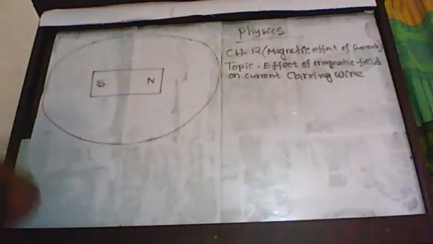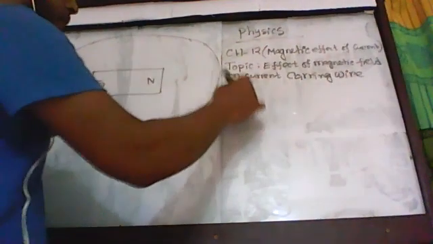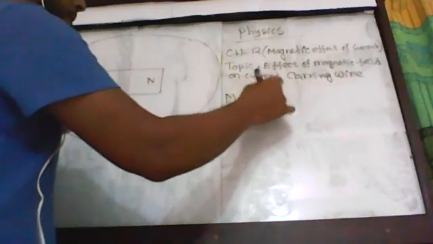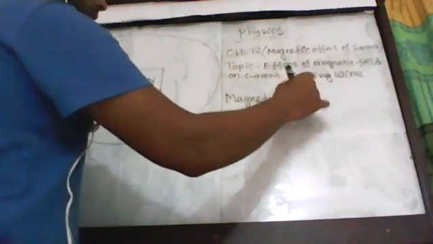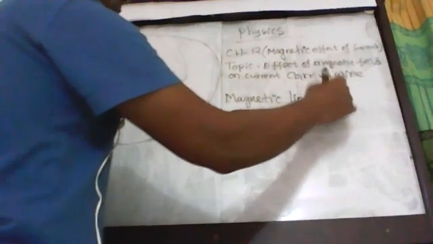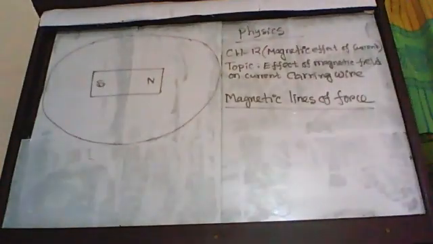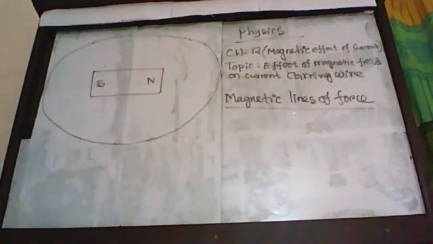Magnetic lines of force. Now, if I ask you what these lines of force are called? At first, this is a line.